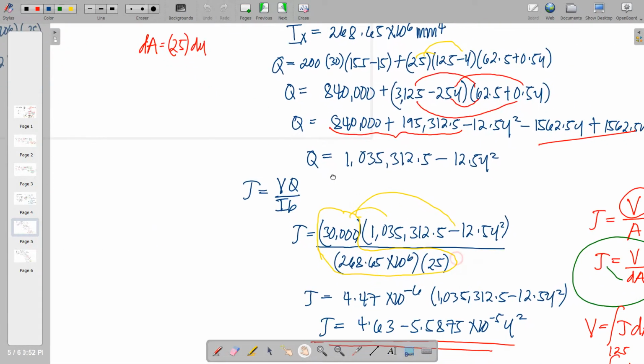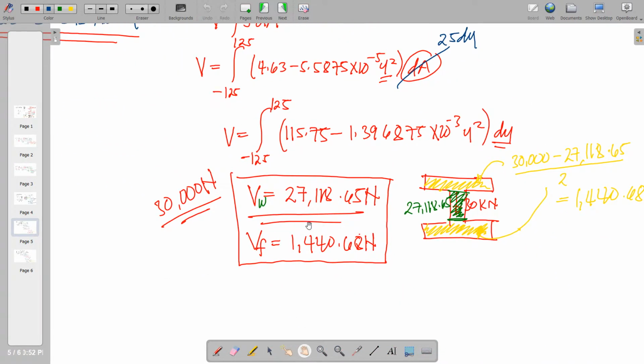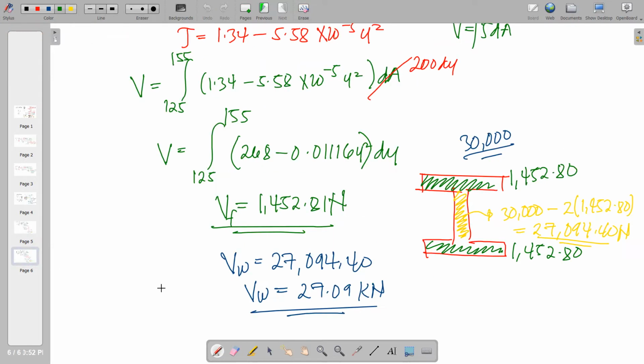going back to the answer a while ago, we have 27.118 kilonewton. So this time we came up with 27.09. So a very slight difference.